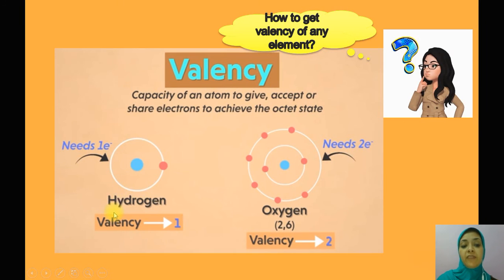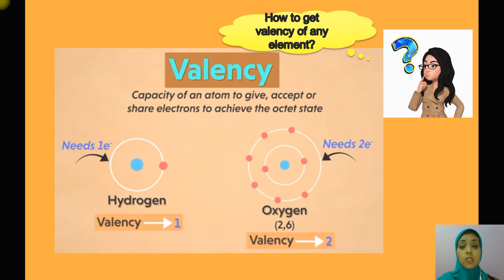For example, the hydrogen has valency 1, or monovalent. Why? Because the hydrogen has 1 electron, so it needs 1 electron to complete the first energy level with 2 to reach the nearest noble gas, helium.